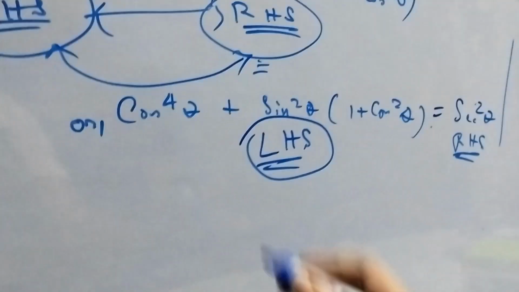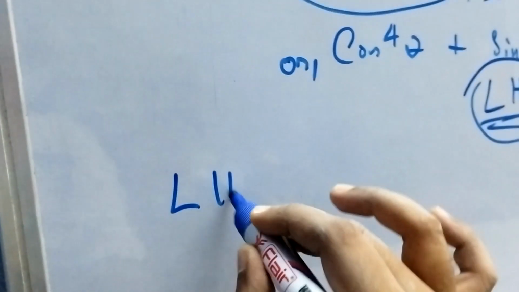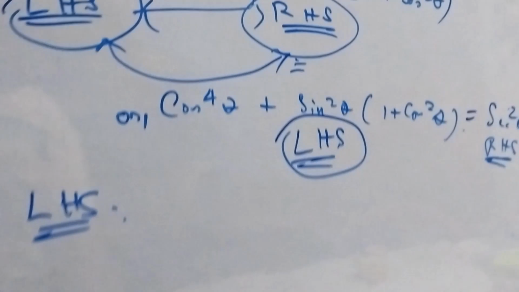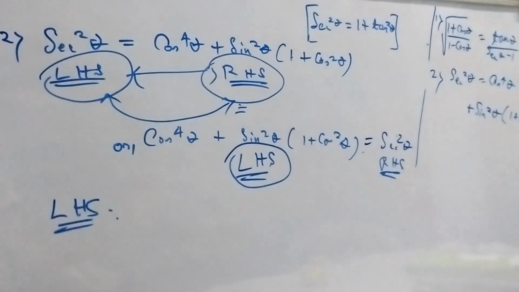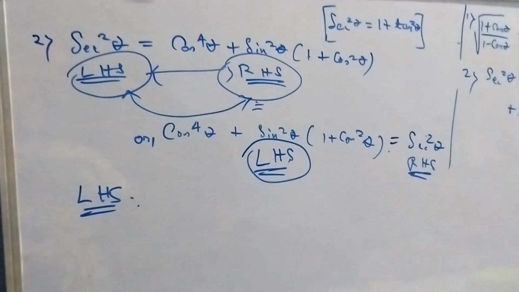So let's move forward, just the true convention, LHS to RHS. Then I am moving to RHS. Very good, right? So I think you understood the topic I tried to explain. Let's move forward, right?